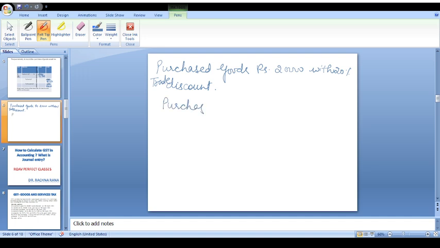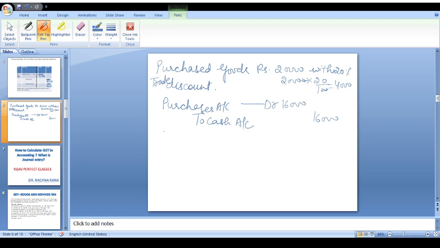Purchases account debit to cash account. We will not pass a trade discount entry. We will only pass the reduced value: 20,000 multiplied by 20% equals 4,000. After subtracting 4,000 from 20,000 we get 16,000. So the entry will be passed with the reduced value of 16,000.